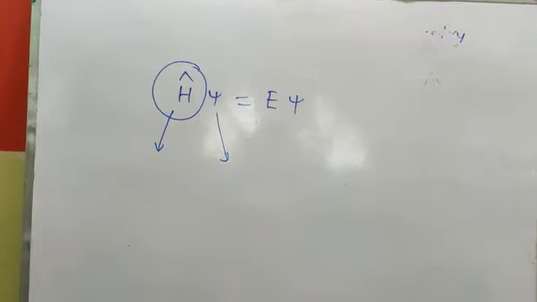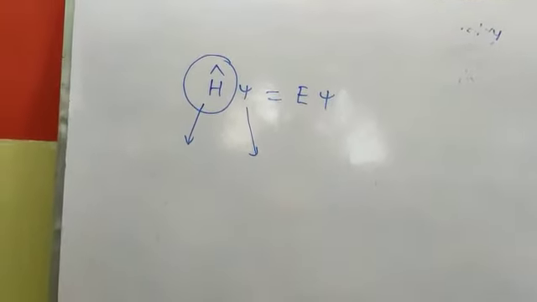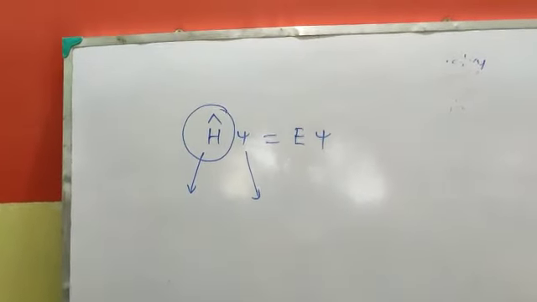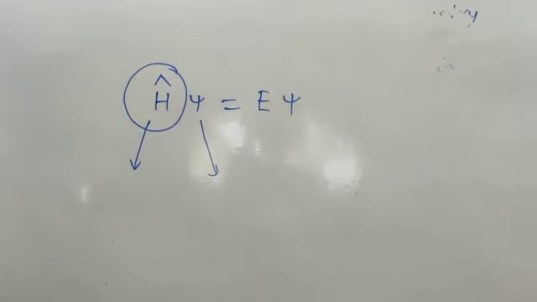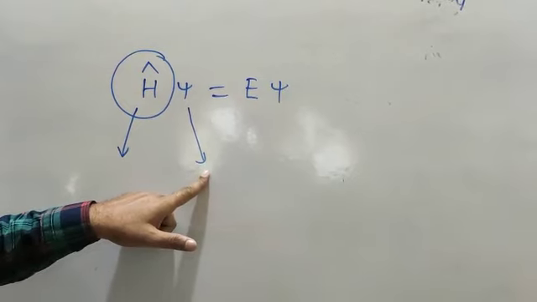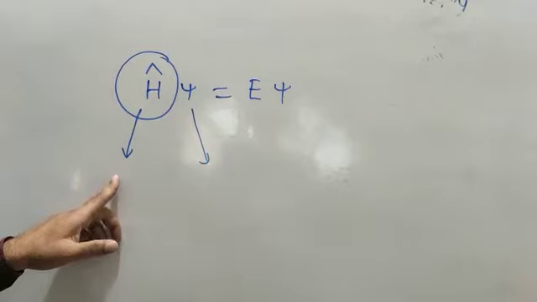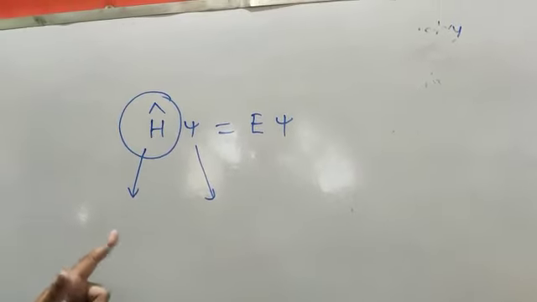So there are two parts. One is writing the Hamiltonian properly, and another part involves the choosing of the wave functions. We will come to the wave function part later in our lecture, but here we will emphasize how to write the proper Hamiltonian of a multi-electron system.